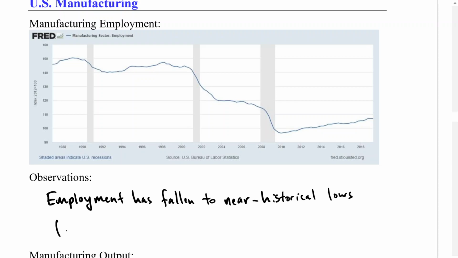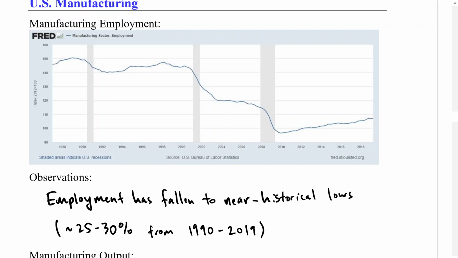Here we have about a 25 to 30% drop from 1990 to 2019, to give a little flavor. So more than a quarter, almost a third of jobs disappeared in that time frame.